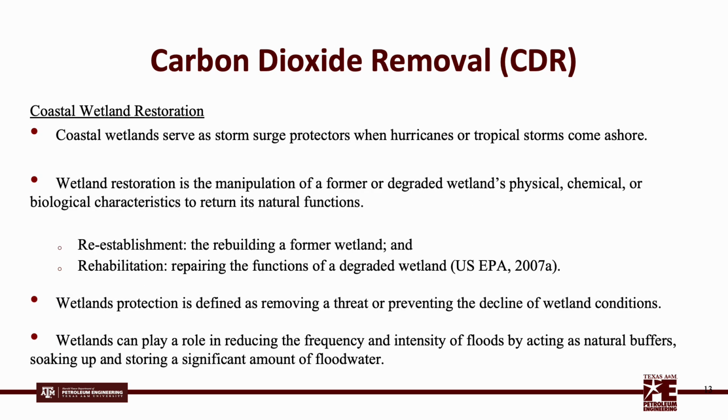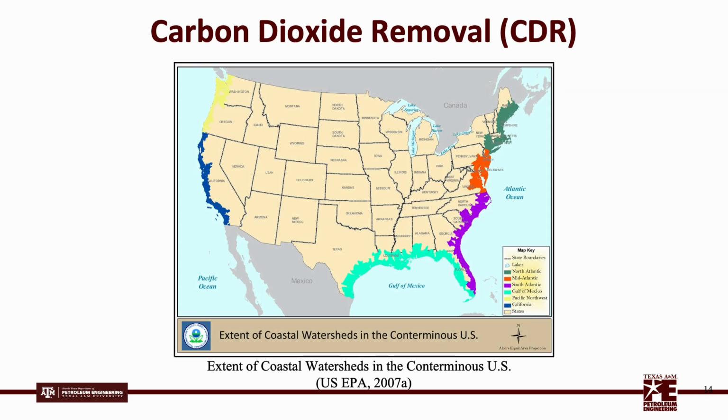Coastal wetlands serve as storm surge protectors when hurricanes or tropical storms come ashore. Wetlands can play a role in reducing the frequency and intensity of floods by acting as natural buffers. Here is a map of the extent of coastal watersheds in the conterminous U.S.